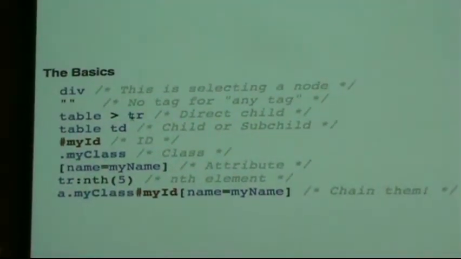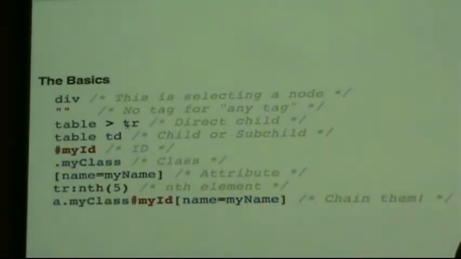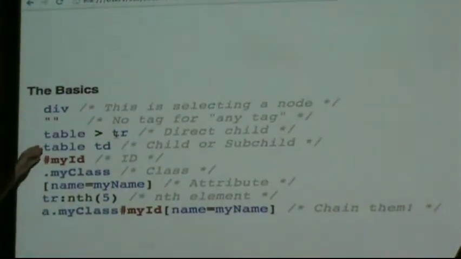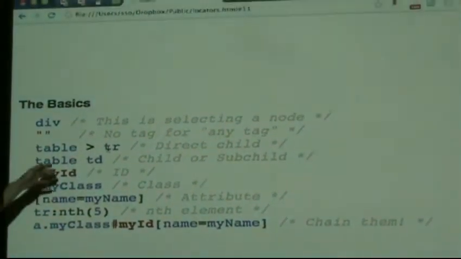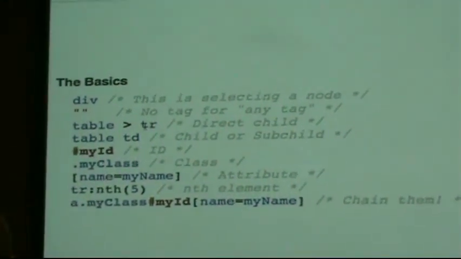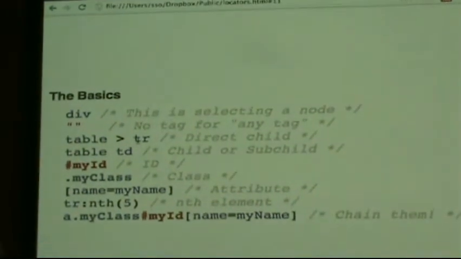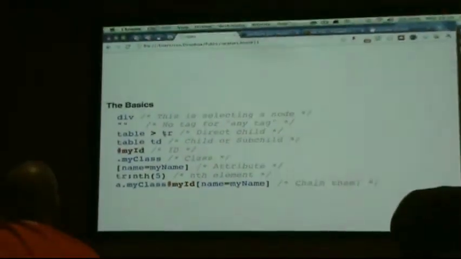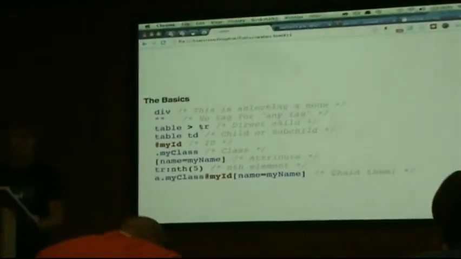If you want a subchild, which means I don't really care if it's directly inside the table or if it's inside 5 elements that are inside the table, I just want a table cell inside that table, you just use a white space, which is pretty handy. It's what people generally use.